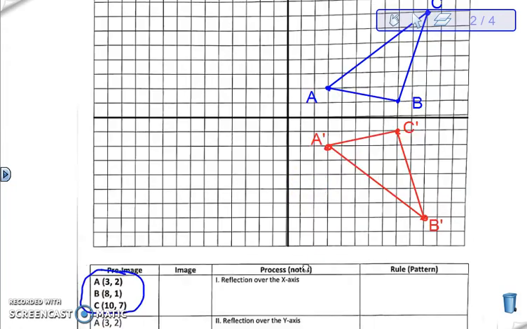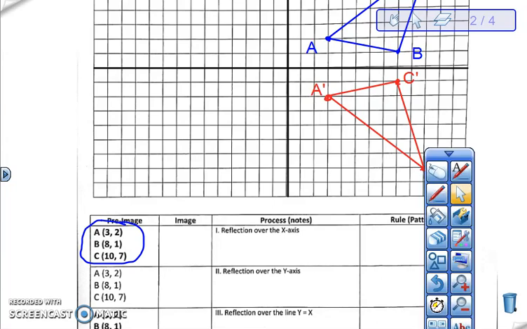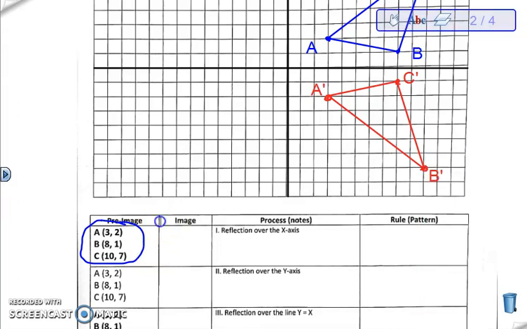Okay, so if we locate our points on the red triangle, we can figure out the rule that we use for this translation, or sorry, this reflection.